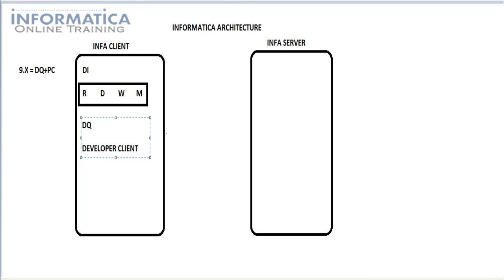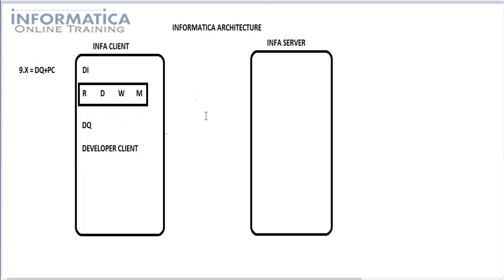One is the PowerCenter client and the other is the Developer client. PowerCenter clients are used to build a data integration process. The Developer client is used to build the Data Quality process.